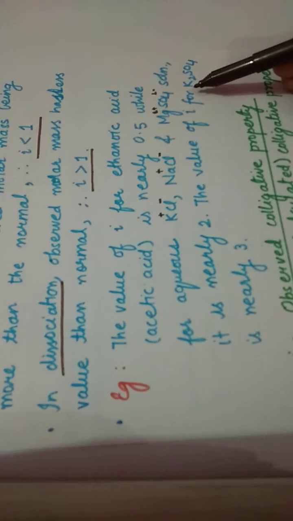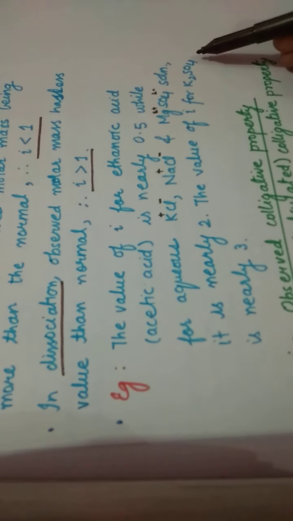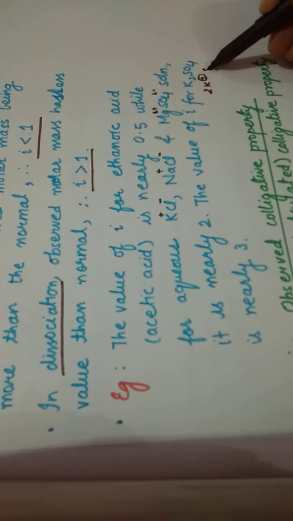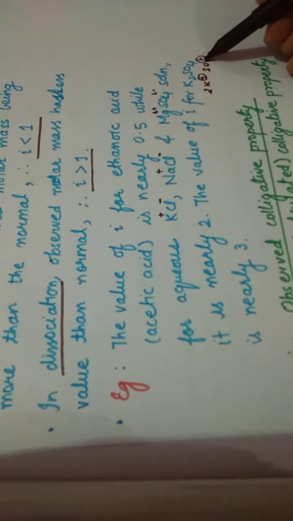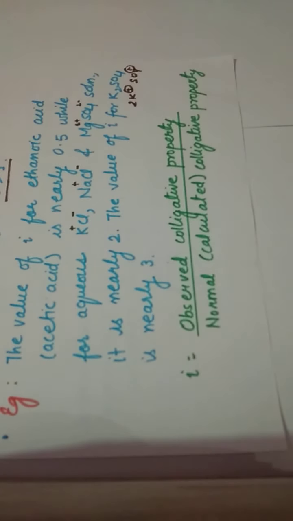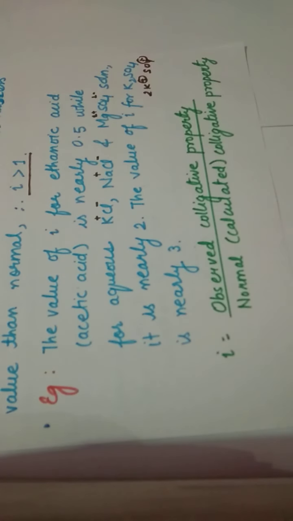And for K2SO4, 2K positive plus SO4 2 negative. So it is 2K positive, that is 2, and SO4 2 negative, that is 1. 2 plus 1, 3. So for K2SO4 it is 3. So these are the values of I for different compounds.